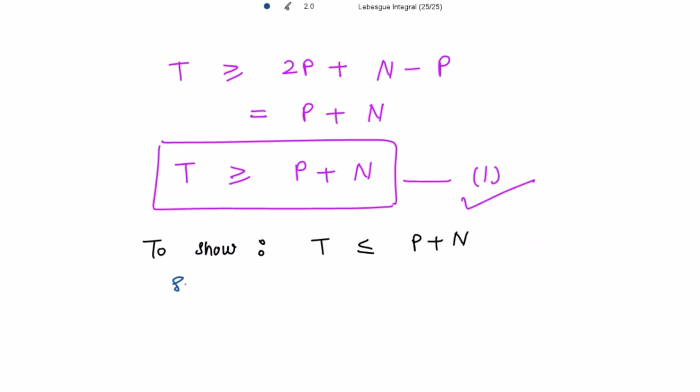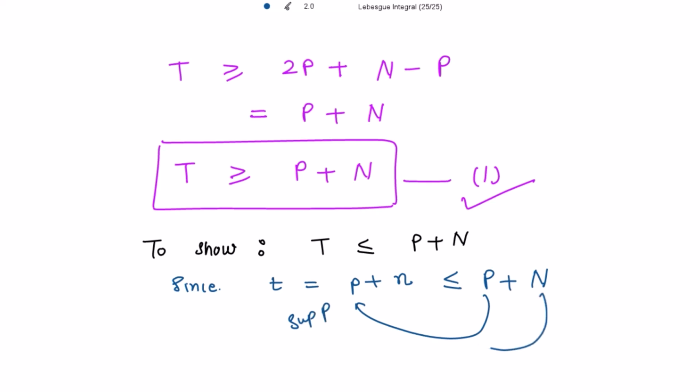So again, since we know that small t is equal to the sum of p plus n, this is further less than or equal to capital P plus capital N. Why? Because what is P? It is the supremum of small p. And what is N? It is the supremum of small n. So I can write this to be less than or equal to capital P plus capital N, right?